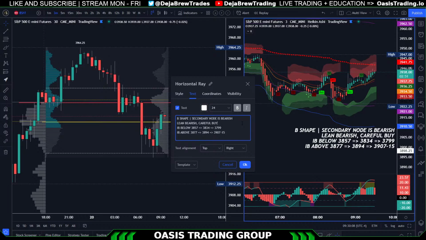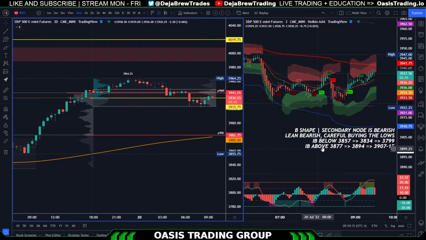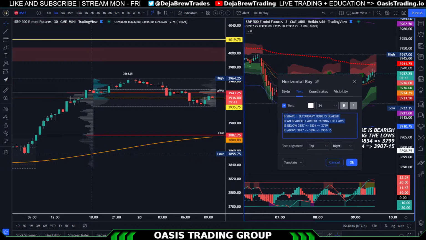Careful buying the lows. Let's see where our levels are here. So initial balance below, let's say, probably around 39.20. You'd want to be bearish into 3882, which would be the final target. We could probably find a target in between that.